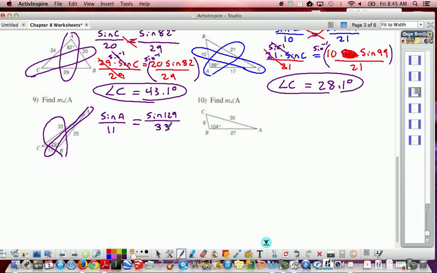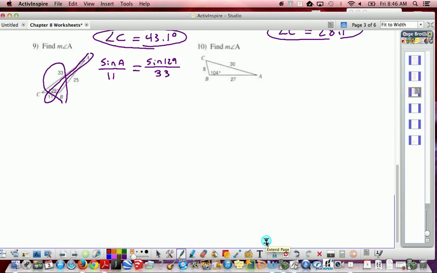So on this one here, when I cross multiply, so I'm going to move this up just a little bit. There we go. So cross multiply. So 33 times sine of A equals 11 times sine of 129. Divide both sides by 33.